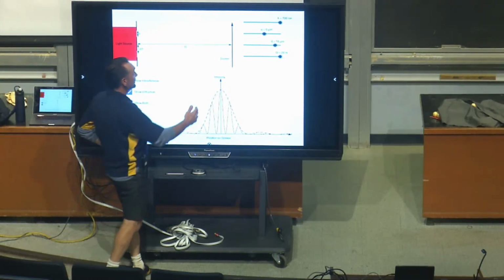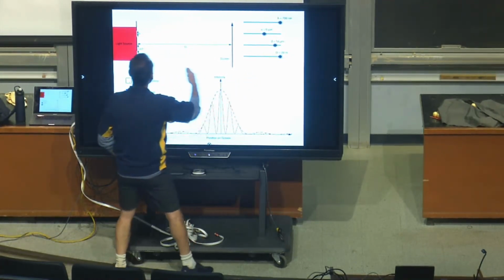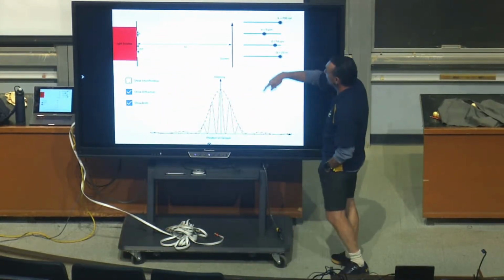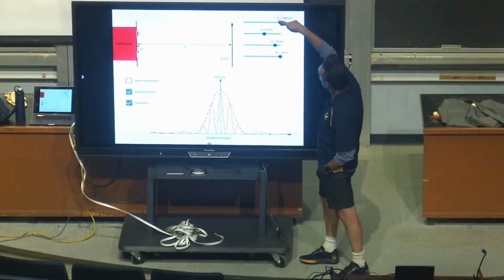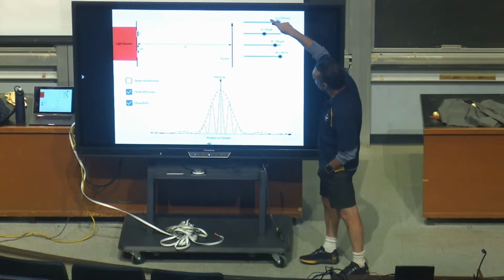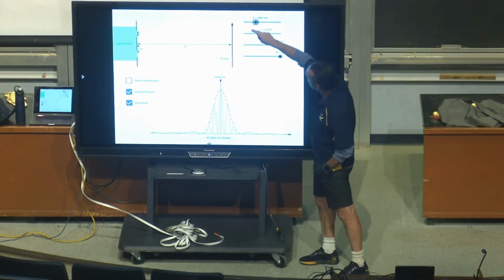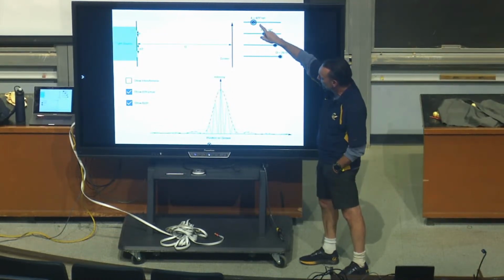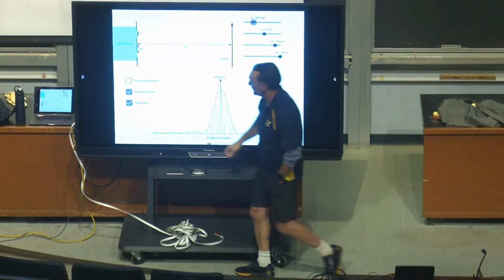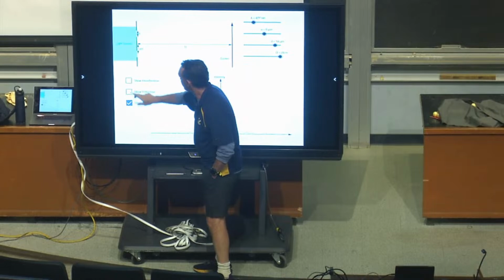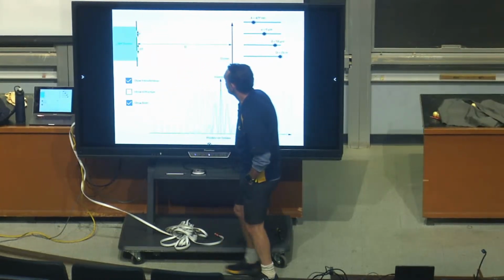So why does this happen? We can move these various things and look at different wavelengths. We have 700, that looks red. We can change the wavelength, going to shorter wavelengths, and we can get rid of the diffraction and just show the interference.